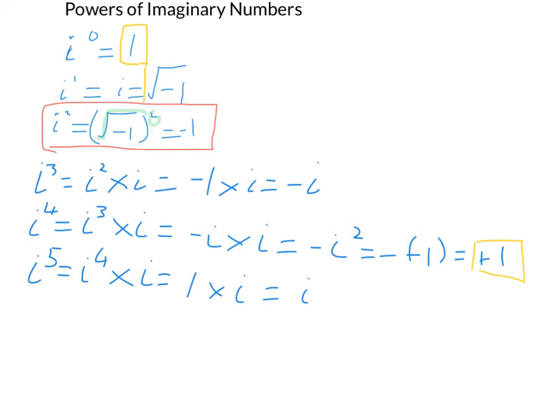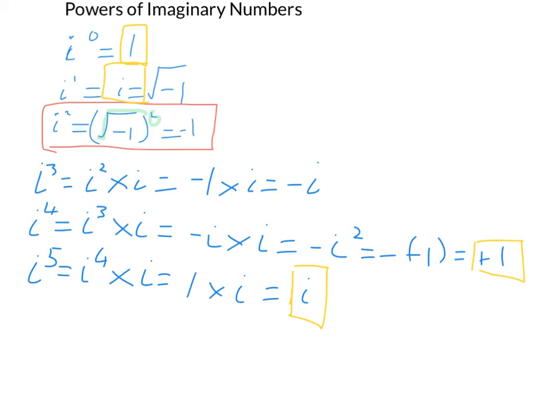And what we ended up with was just i, or square root of minus 1. So the answer we got then for the next one down here was also i. So maybe you could predict at this point what our answer for the next one will be, i to the power of 6. See if you can do that. Pause the video if you want. And then when you're ready to find out the next one, just press play.